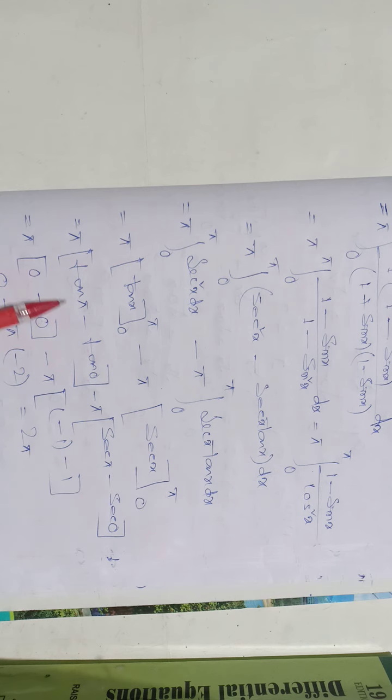So students, the value of tan pi is 0, tan 0 is also 0, minus pi into sec pi, which is minus 1, and sec 0 is 1. Now this part is 0, pi into minus 1 minus 1, that is minus 2, so minus of pi into minus 2, it is twice pi. So twice I equals twice pi, the 2 cancels, so I equals pi.